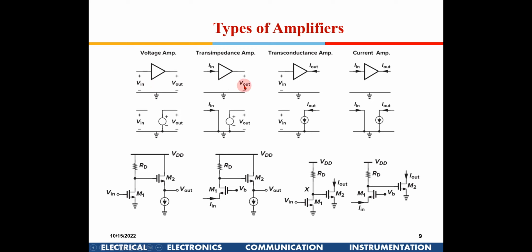Here we will say V out by I in. And what is voltage divided by current? It is resistance, right? So that's why we call this transimpedance. Here it is I out by V in, the gain of this amplifier. So I out by V in is what? Conductance, right? So we call it transconductance. Here it is I out by I in, so it is a current amplifier. Is it okay?